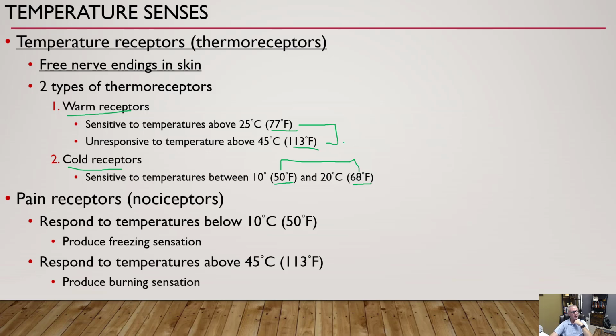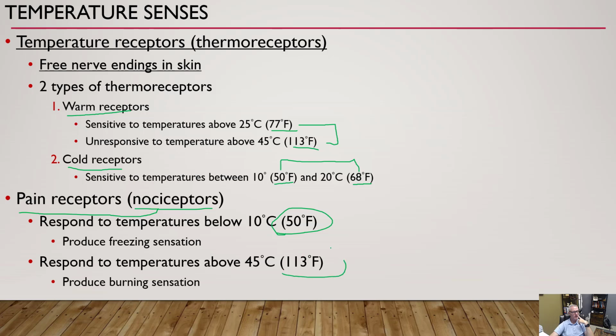So pretty much anything above 113 degrees, we're not working off of our thermoreceptors, and anything below 50 degrees, we're not working off of our thermoreceptors. Anything below 50 degrees, we're actually switching over to our pain receptors, our nociceptors. And so if you're outside shoveling snow and you're feeling that cold, you're actually working off of your pain receptors, your nociceptors.